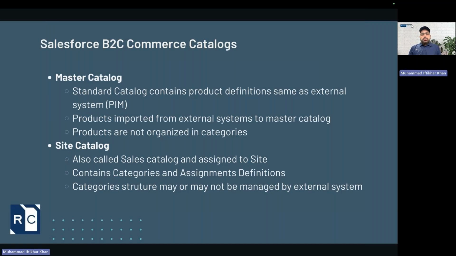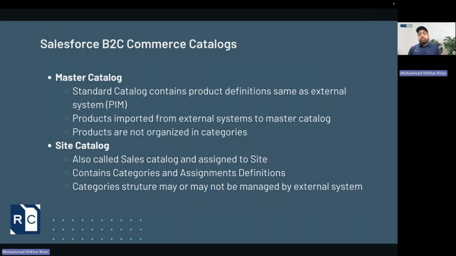This is actually the way the merchants present their products on their storefronts. They create different hierarchies of categories, which could be based on their campaign, or on different seasons, seasonal catalogs like a summer catalog, winter catalog, or any occasional catalog.